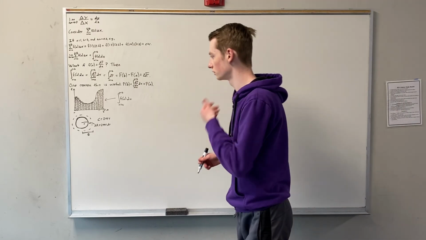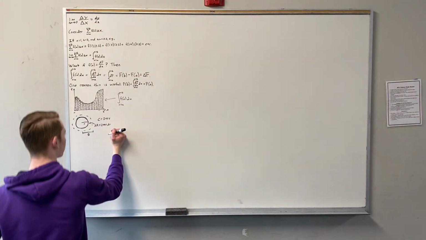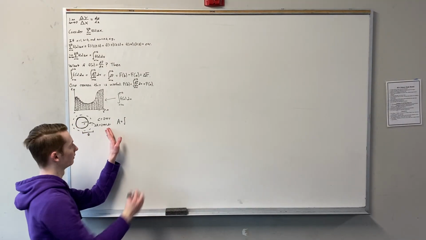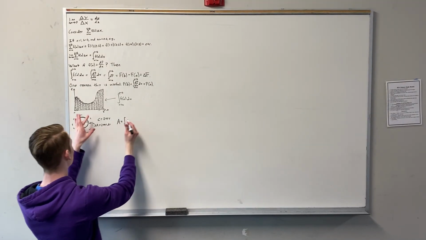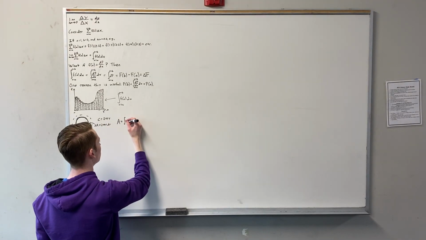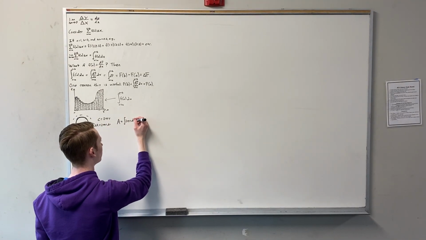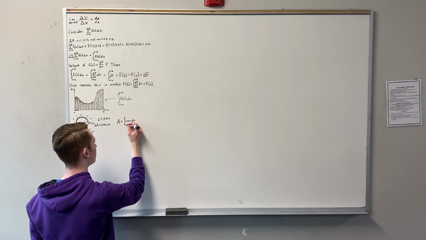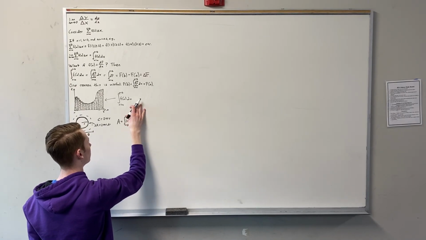And then you could find the total area by summing up all of these infinitely many tiny little thin rings of area 2 pi r dr, starting at r equals 0 and ending at r equals capital R.